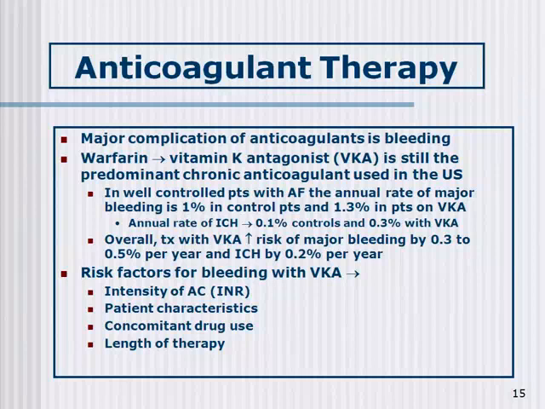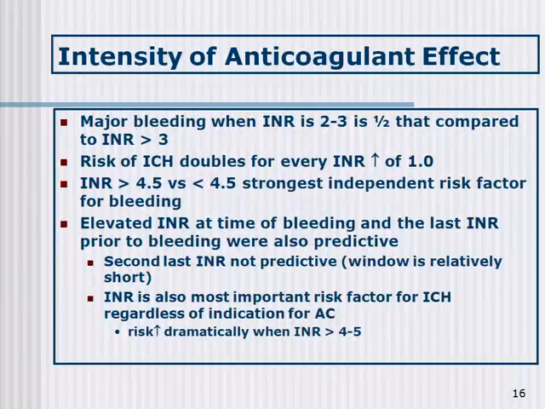It actually changes more readily, at least initially, than the INR does. But ultimately, for long-term management, it's the INR that predicts bleeding. The higher the INR above the therapeutic range, the higher the risk of bleeding. Certain patient characteristics increase bleeding, concomitant drug use, and then length of therapy.